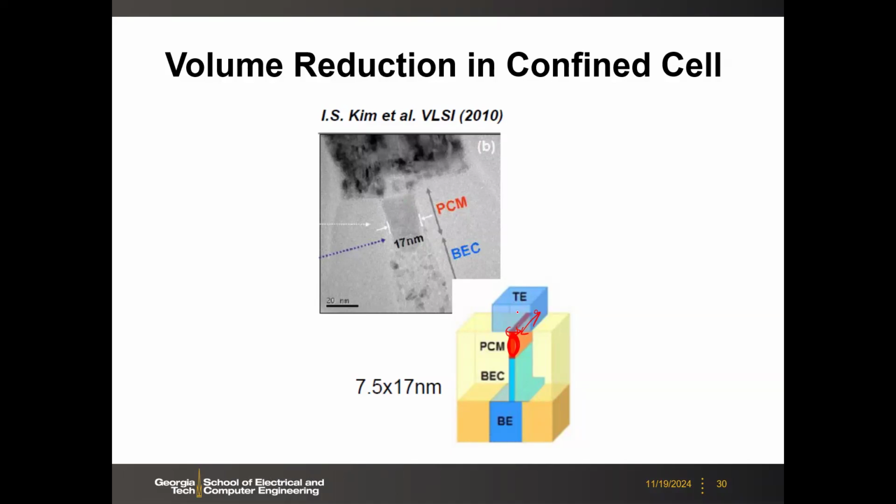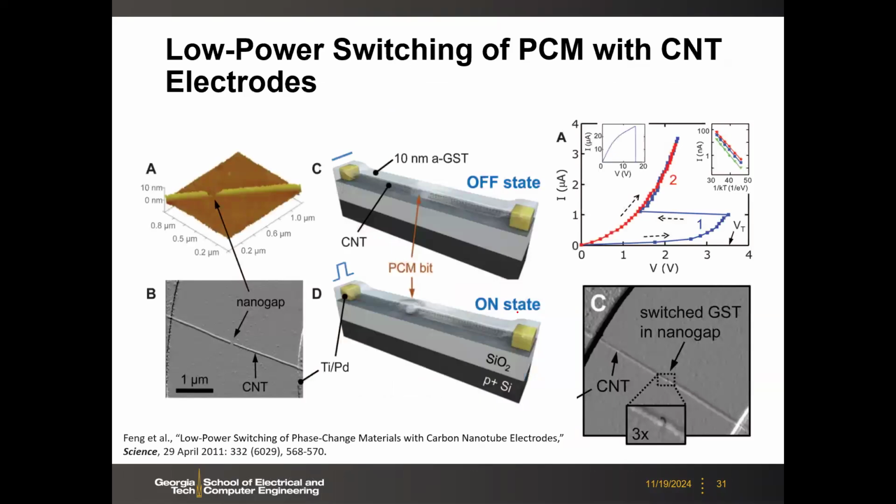But then research groups in universities came up with an interesting idea to use the carbon nanotube as a conductor. Because a carbon nanotube, depending on its orientation, could be metallic, some carbon nanotubes could be conducting.